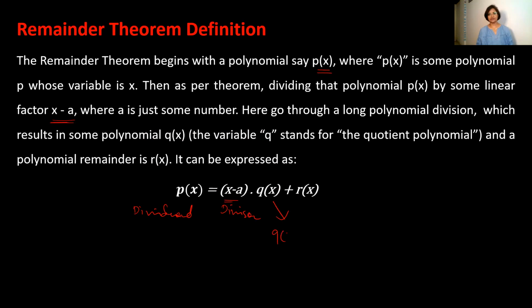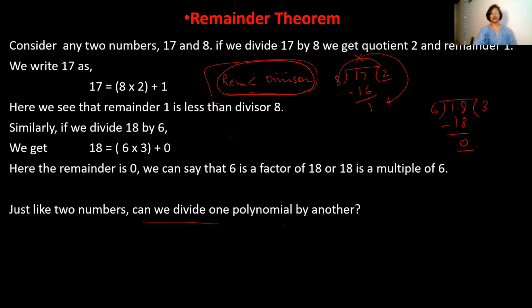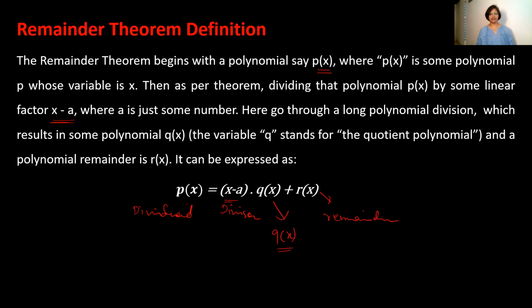We suppose the quotient polynomial is q(x) and the remainder polynomial is r(x). In the same form as we did here, with 18, the dividend equals divisor into quotient plus remainder. Same thing we have written here: dividend equals divisor into quotient plus remainder.